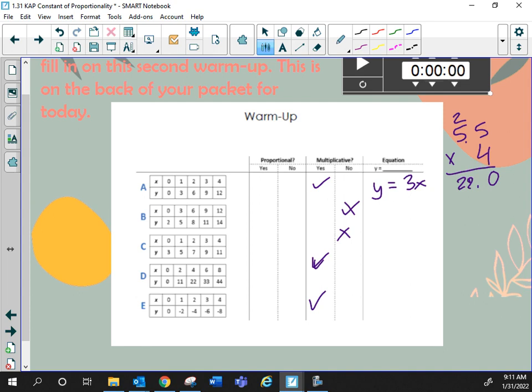It's not multiplicative, but there's still an equation that goes with it. What do y'all see? How are they going from X to Y? Maria. What are they plussing to? I want the whole equation. Y equals X plus 2. Very good. An equation isn't just plus 2. It's the whole thing.